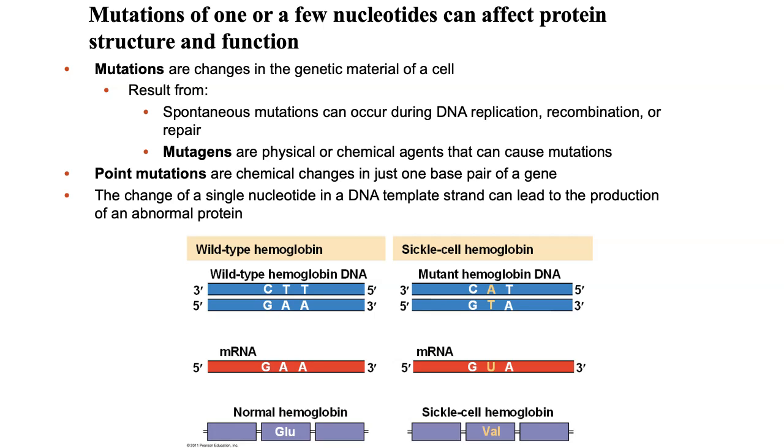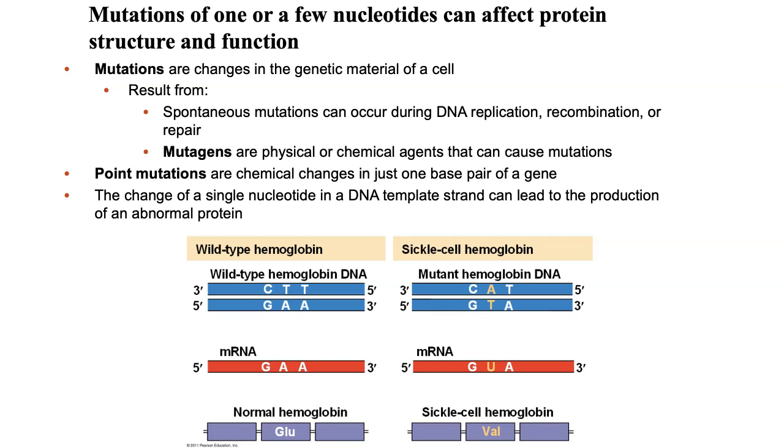Or there are agents, physical or chemical agents, that can cause mutations. An example of a physical agent would be UV light. And if you ever work in a lab, there are some chemicals that are around, and they'll be labeled, and you'll know that they're DNA mutagens. And a mutagen is just something that can alter the structure of your DNA.